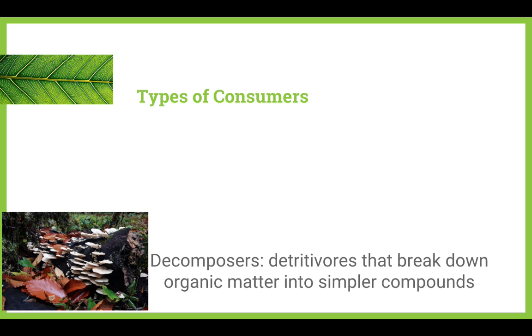A decomposer is a type of detritivore that takes organic matter and makes it into simpler things. Remember, organic is anything that contains carbon, and our decomposers are useful in creating soil and getting the nutrients found in the environment into a form that can be used by all organisms, especially at the producer level.